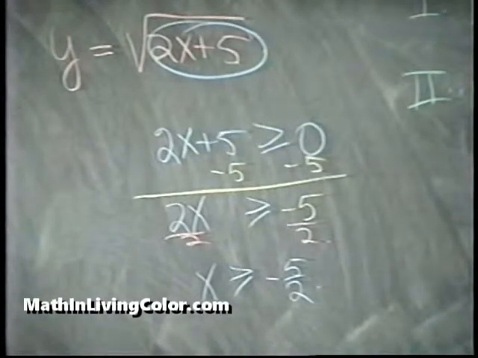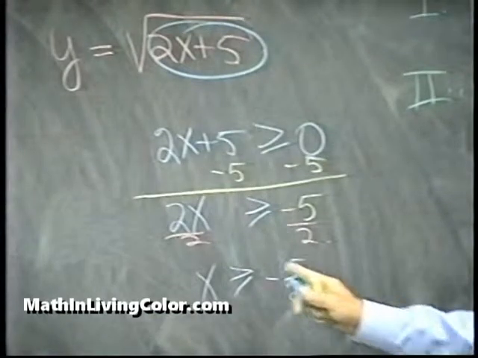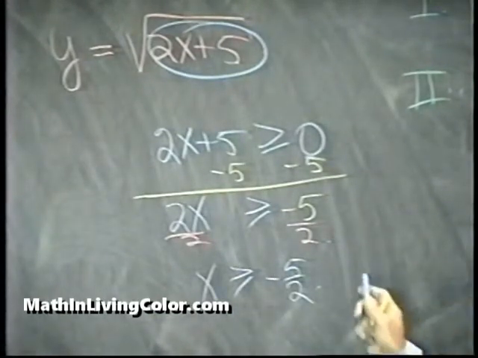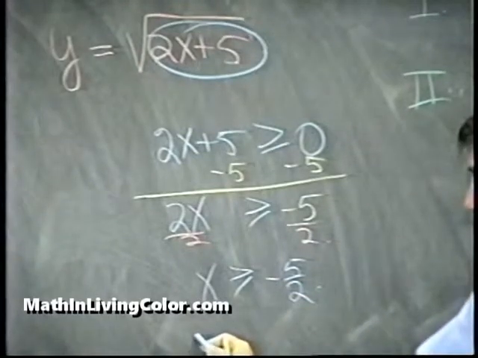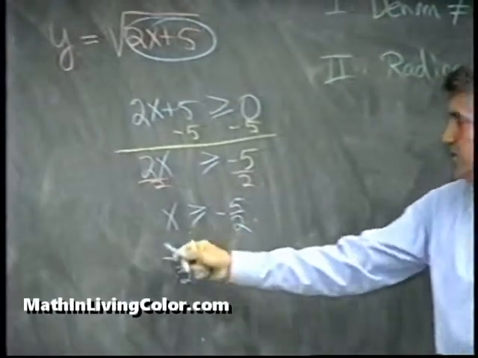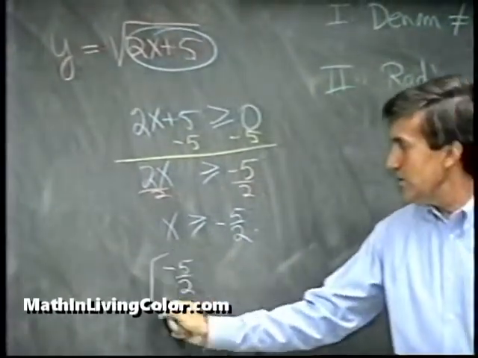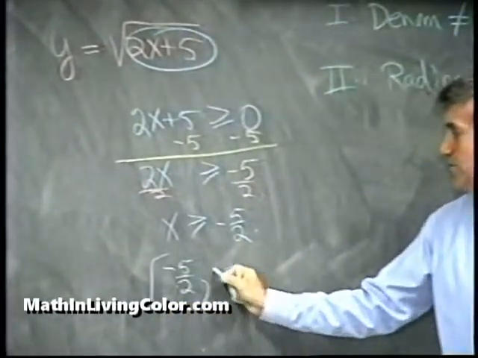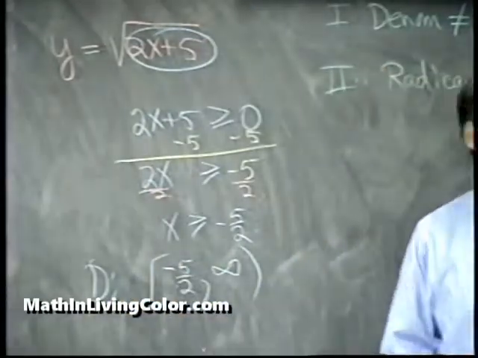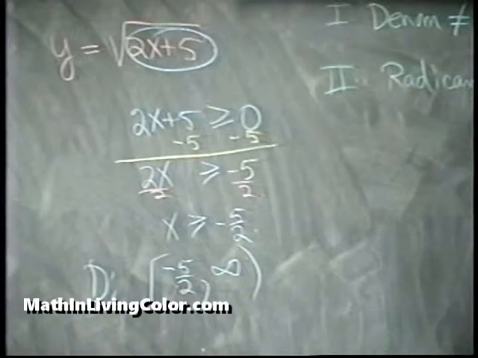And what would that be in interval notation? What values of x, what interval are we talking about? Values of x that are greater than or equal to, that means to the right of, this number. So we start with negative 5 halves. What kind of a symbol do we use on the bracket? Comma to infinity. And guess what, folks? That's the domain.